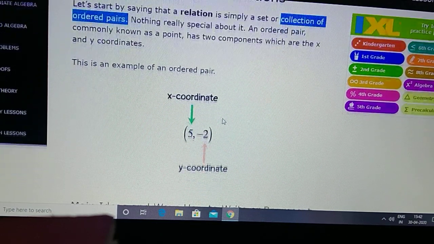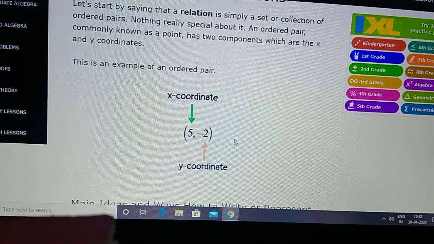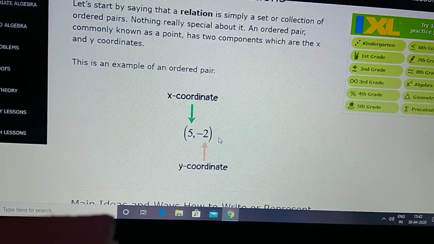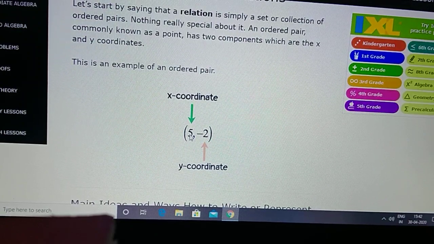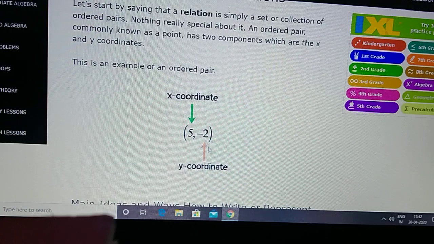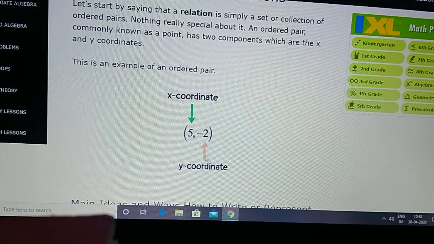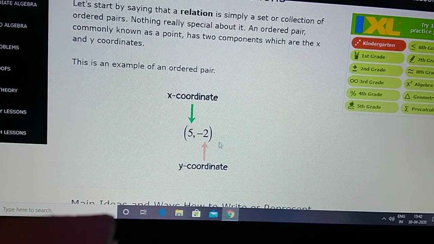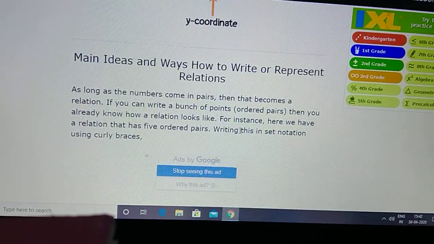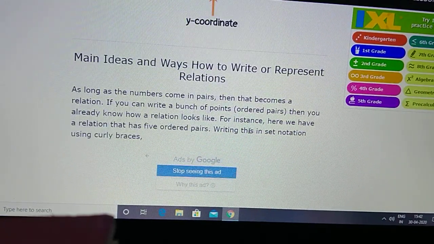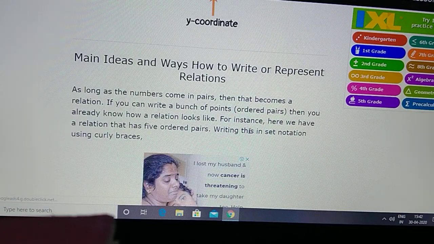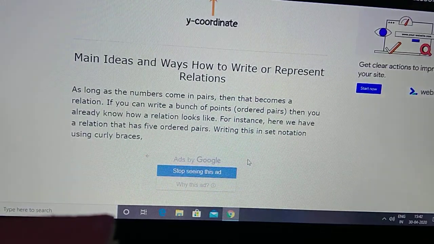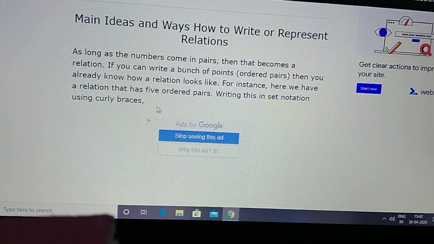We have given an example here in mathematical terms: (5, -2). So 5 is the x coordinate and -2 is the y coordinate. So this is a relation. Now let's understand how we represent it. Suppose we have many pairs, you can write them in curly brackets.